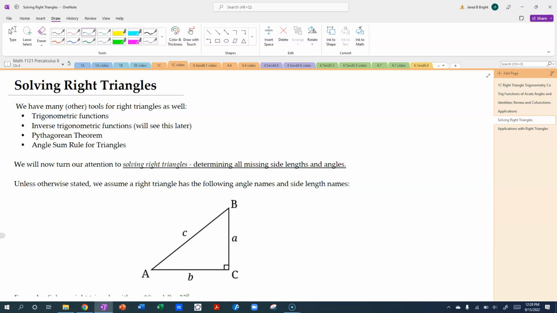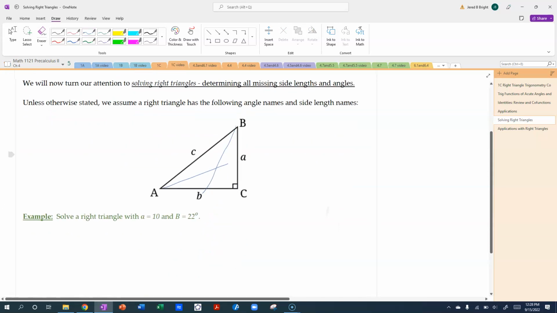The other two vertices don't really matter where they are, A, B, whatever. But then the side lengths are labeled in lowercase letters directly opposite of the angles. So side little a is across from angle A, etc. So just a convention.